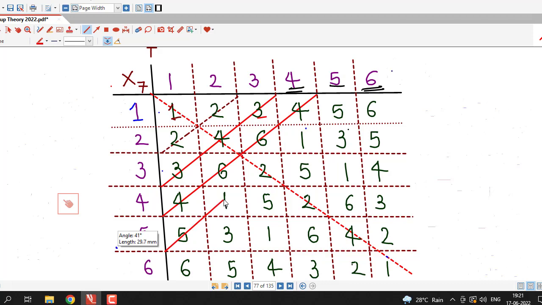So if we draw the line perpendicular to this main diagonal, then we can see entries are symmetric with respect to main diagonal. Similarly you can observe here 3, 6, 5, and here also 5, 3 and 6. Then 1, 5, 1, 5 here.